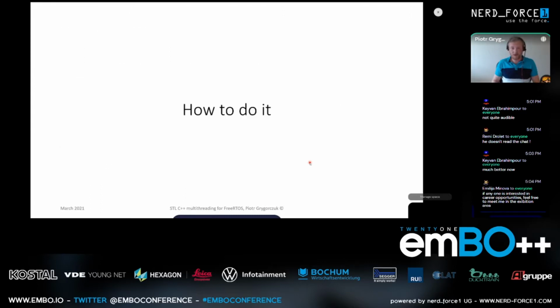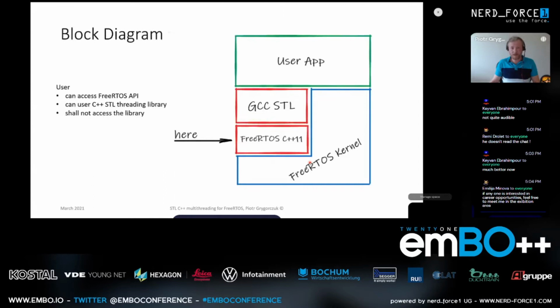Okay, so how to do it? Before we go to details, I would like to show a top-level block diagram, and it's simple. My library is hidden here, and the user application will not interact with that library directly. The program will just use the standard GCC STL implementation, and that implementation will interact through my library with the OS kernel.